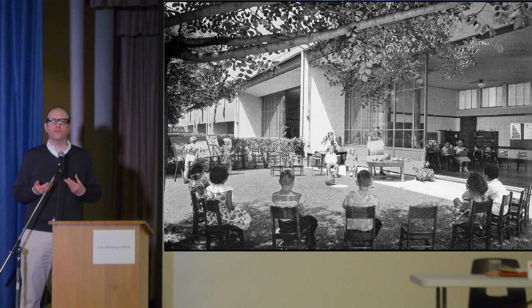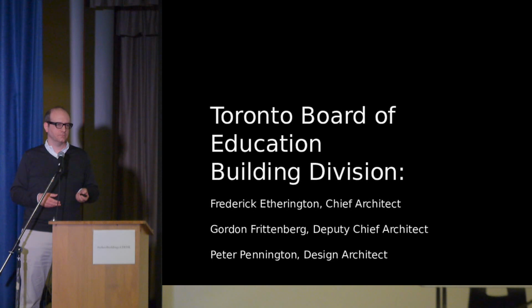So then the reaction was, okay, we built these large imposing buildings for many years. How can we better accommodate that kind of new pedagogy? So in Toronto, the Toronto Board of Education in this period, 50 to 65, these are the three key people, and as Alex pointed out, the specific authorships are difficult to determine.